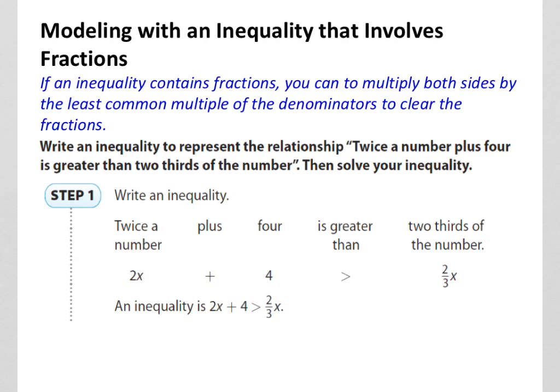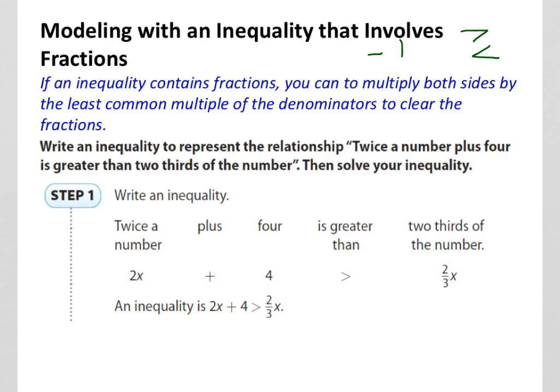Now, again, let me remind us that if we multiply or divide both sides of an inequality by a negative number, we have to reverse the sign. So if we are multiplying or dividing by a -1, and that sign is saying greater than, we have to reverse that sign to less than. So just keep that in mind as we go forward.